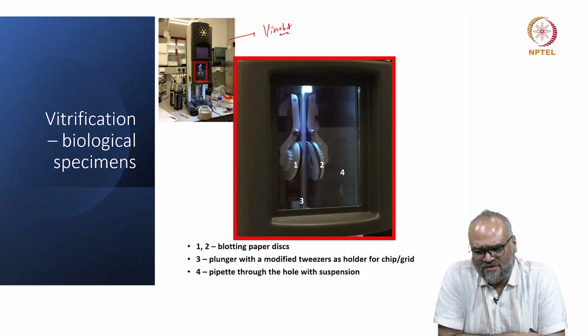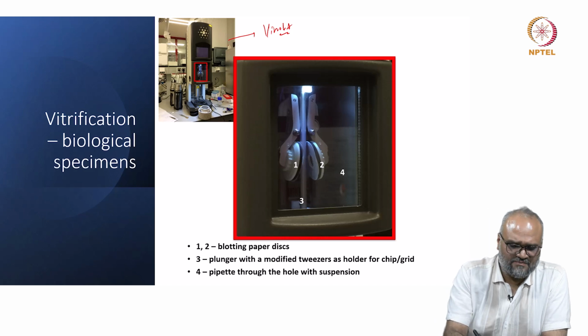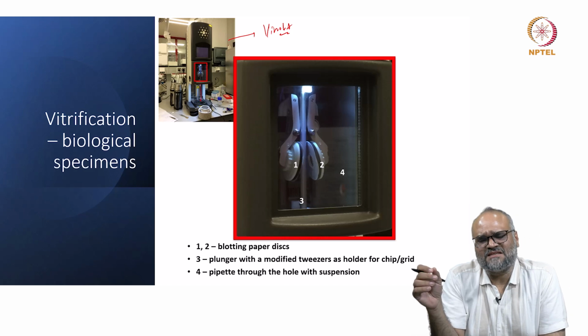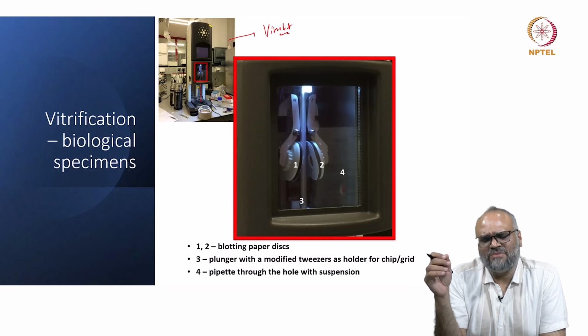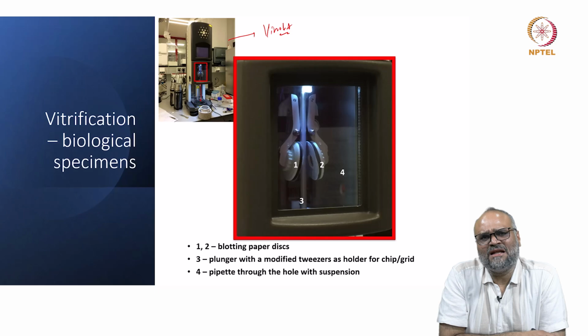And one of the most common problems with biological specimen preparation is you typically have some kind of an aqueous medium, and you do something called plunge freezing or vitrification here, where you drop the suspension of your biological sample into a bath of liquid nitrogen.